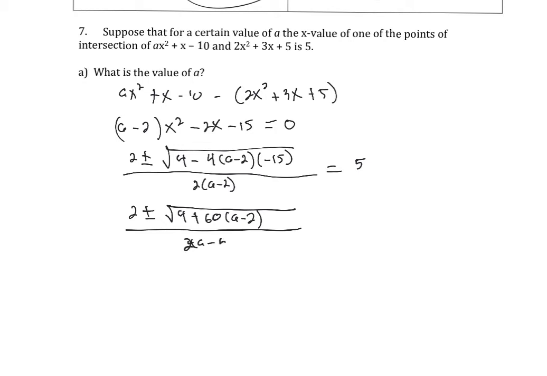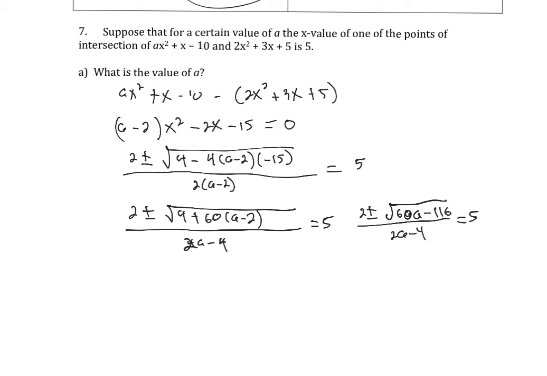And again, that's equal to 5. And so this ends up giving us 2 plus or minus the square root of, and when we end up combining everything here, we're going to get 4 plus 60 times negative 2. So we end up with negative 116, 60a minus 116 over 2a minus 4 is equal to 5.